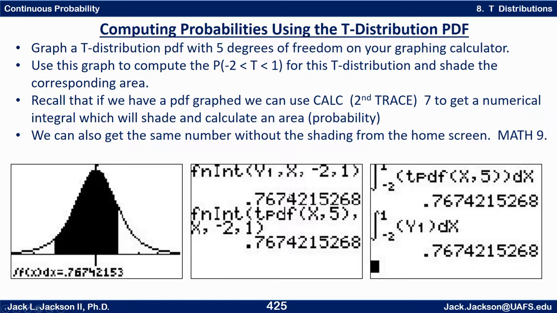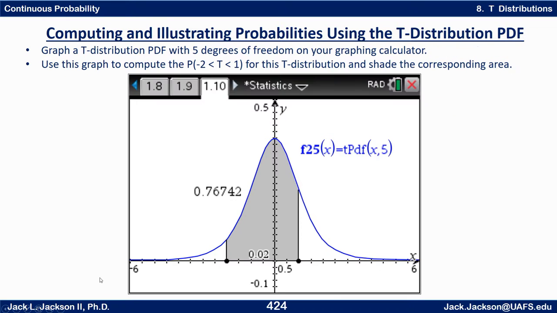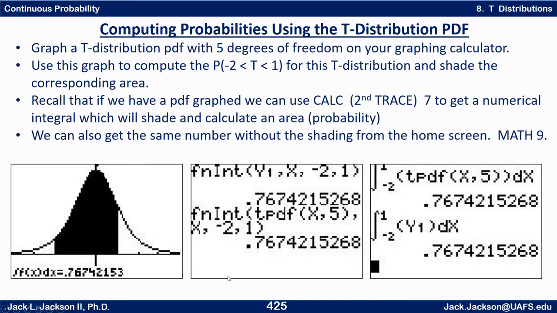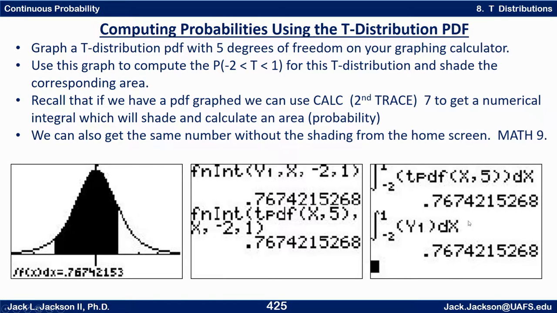The older operating system looks like the middle screen here, which is exactly the same thing. And that's the same thing we got by doing the shading here, or the Draw ShadeT here. So either way you do it, you get the same number. The Nspire works pretty much like what you see on this last screen here.